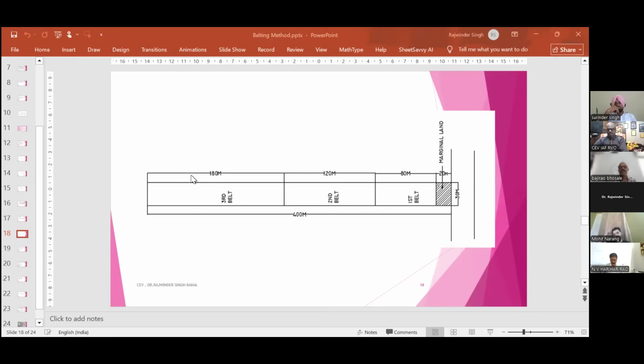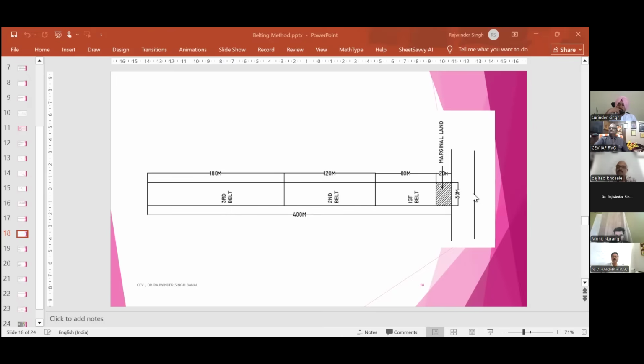Now, it is situated on national highway. In national highway, you know, there is certain land over which you cannot do any construction. You have to keep that part vacant. If any construction is done, it may be demolished any time by the national highway authorities and you will not get any compensation for that.